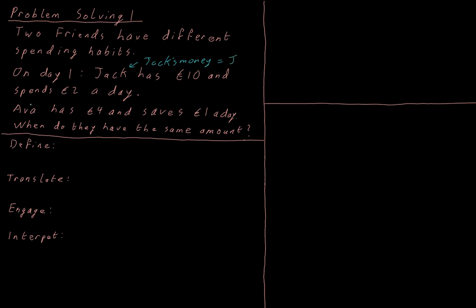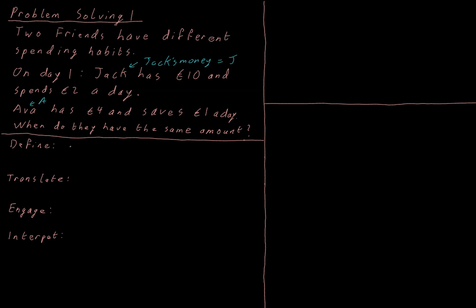And Ava's money I'm going to call A, so that I don't have to keep writing Jack's money and Ava's money. I can write just down J and capital A, and they're going to mean Jack's money and Ava's money. So I can more easily keep track of things that way.